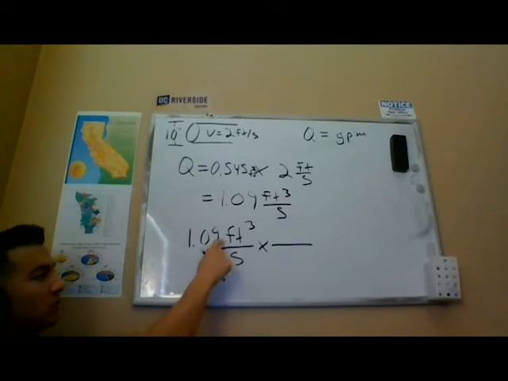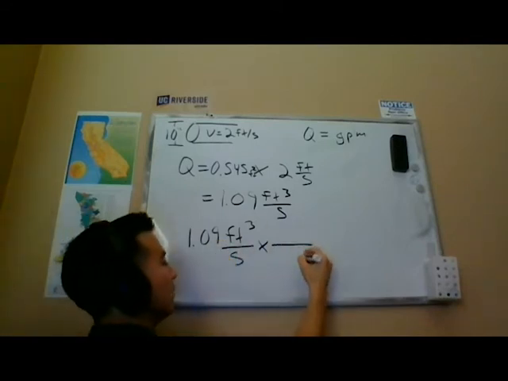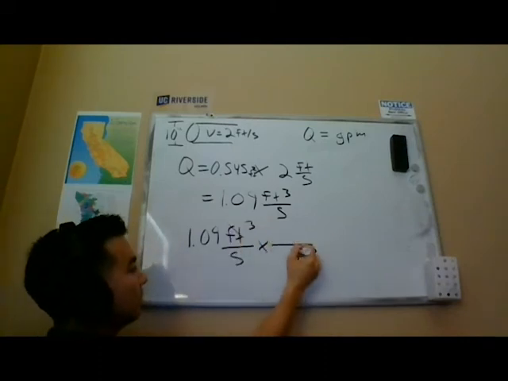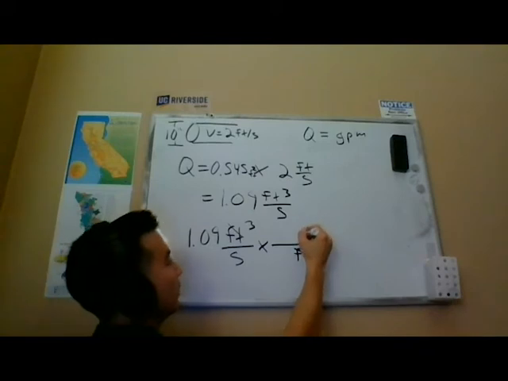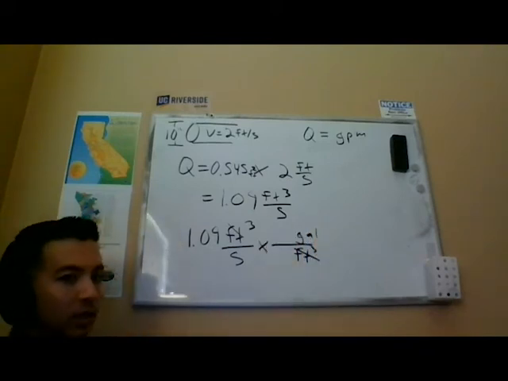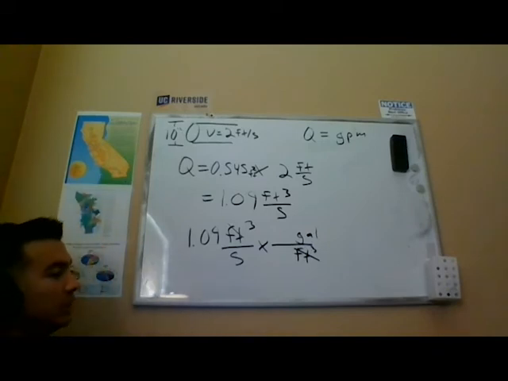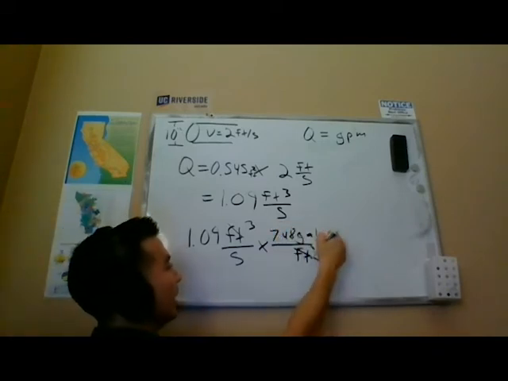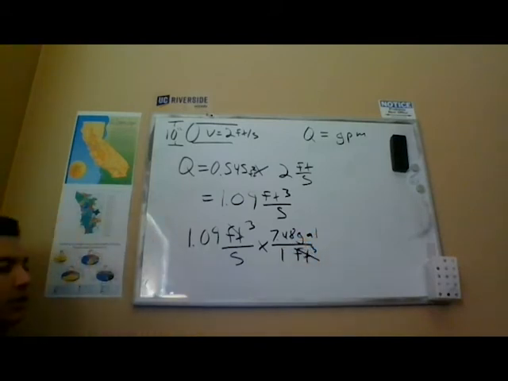If I'm trying to get rid of cubic feet, it needs to go down below in my conversion factor, so that the cubic feet cancel out. I'm trying to bring in gallons, so I need to know my conversion factor. I look at my handy dandy conversion sheet. I know that there are 7.48 gallons for every 1 cubic foot.